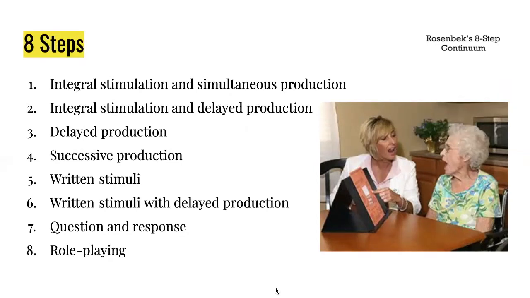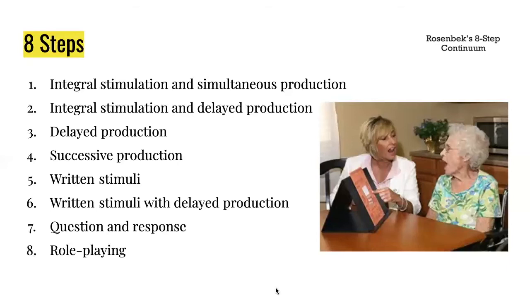The third step uses delayed production. The client produces the target after the clinician models, so there are no simultaneous cues provided in this step. In step 4, successive production is used. The client produces several consecutive targets after the clinician models once.